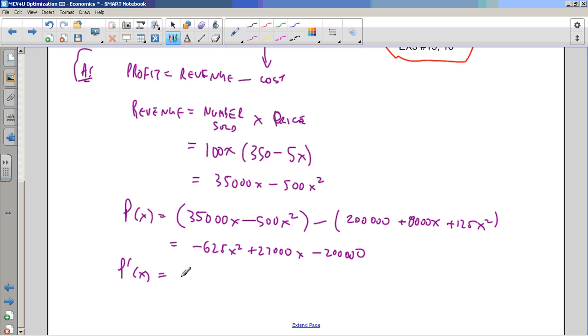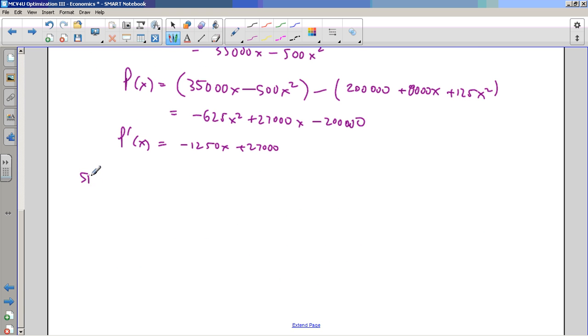Well, let's take the derivative first. That's negative 1250x plus 27,000. That disappears. Set the derivative, marginal profit in the old business sense, equal to 0, and if my notes are right, x is around 21.6.